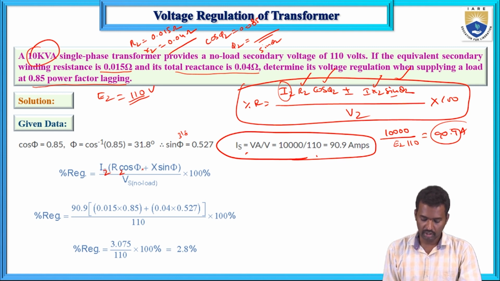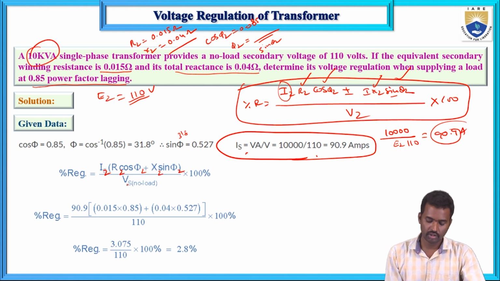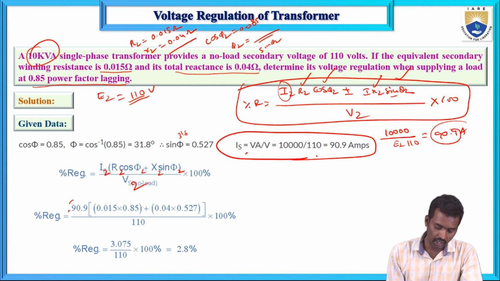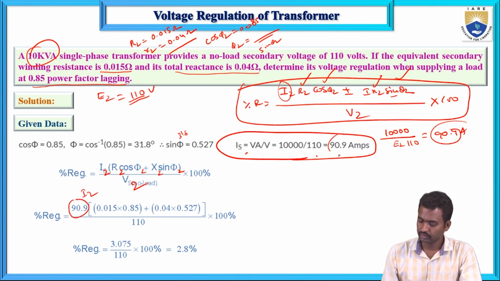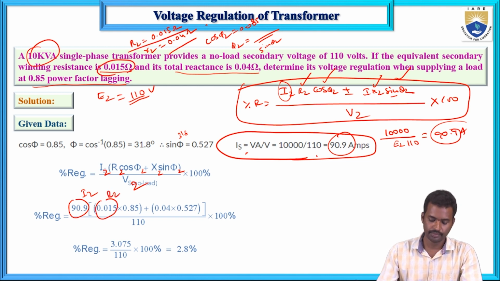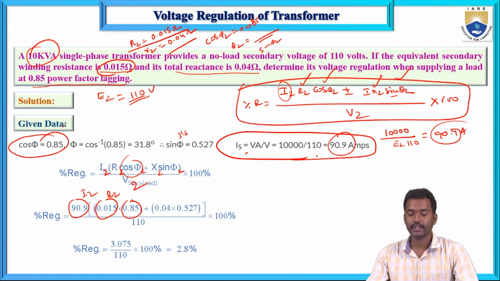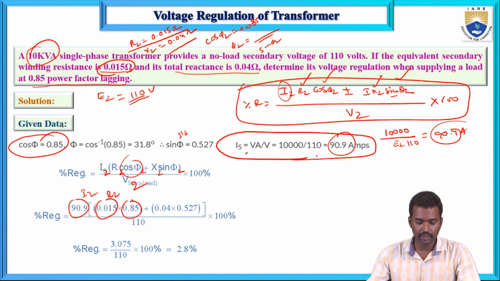The formula is I2 R2 cos phi 2 plus I2 X2 sin phi 2, divided by V2. So now substitute in this. This is the I2, next this is the R2, and this is cos phi 2. Next, this is for a lagging power factor.